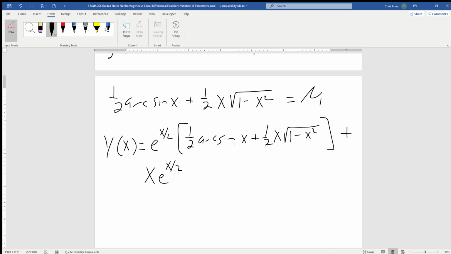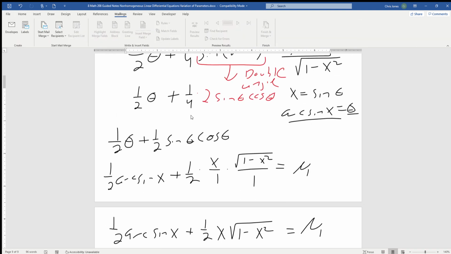And a while ago, I think we got like a 1/3 of the natural log, or I'm sorry, it was not natural log. It was 1 minus x squared to the 3/2. Okay, I'm pretty sure that's what it was a while ago.